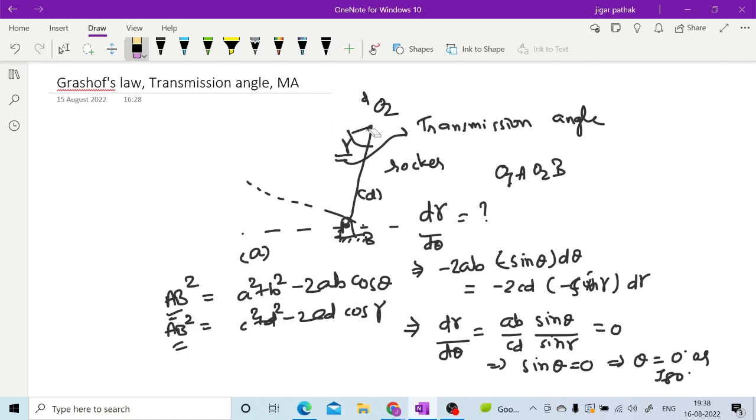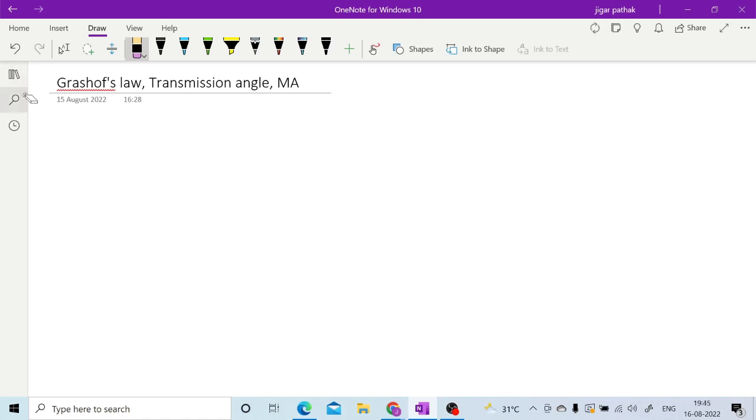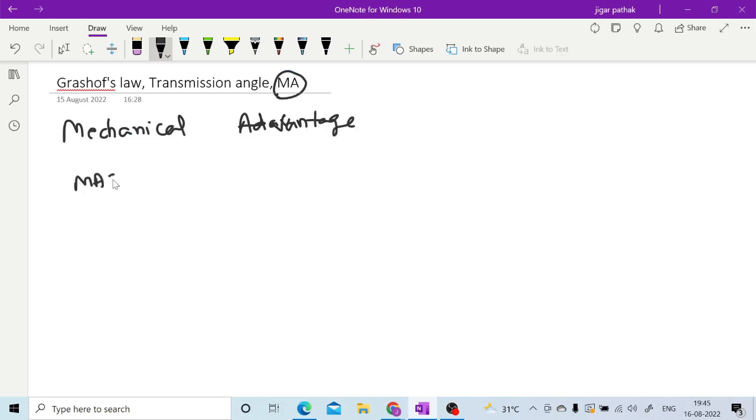So for mechanical advantage, MA is nothing but your F output divided by your F input, or in other words, your power output divided by your power input.